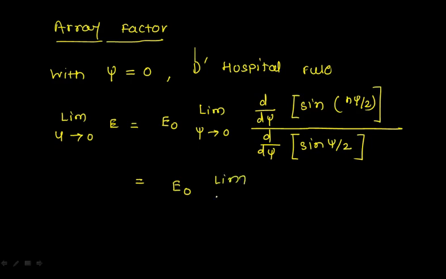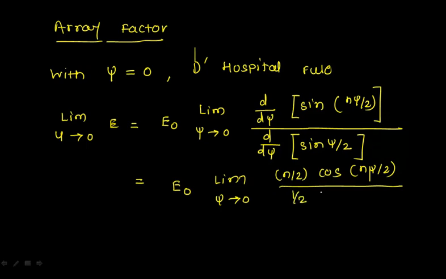So limit psi tends to 0 of n by 2 cos of n psi by 2, and then d by d psi again, 1 by 2 cos of psi by 2. Now your limit is psi tends to 0. If I put psi equal to 0, cos of 0 is 1, and again here cos of 0 will be 1. So n by 2 divided by 1 by 2, the 2s will get cancelled. So this complete term will become n E0.